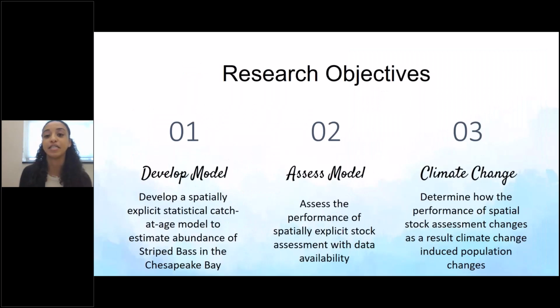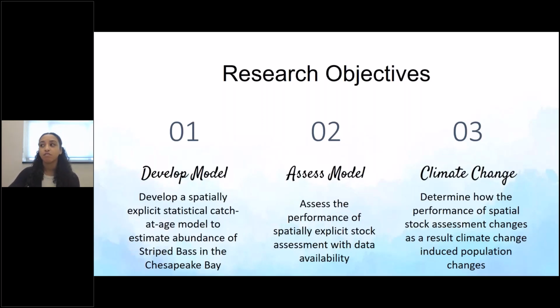That brings me to the overall objectives of my specific research for my PhD. The first is to develop a statistical catch at age model to estimate abundance of striped bass in the Chesapeake Bay. The second objective is to assess the performance of that spatially explicit model and determine how the performance changes with different data availability, and determine what the data needs are for a model of this kind.